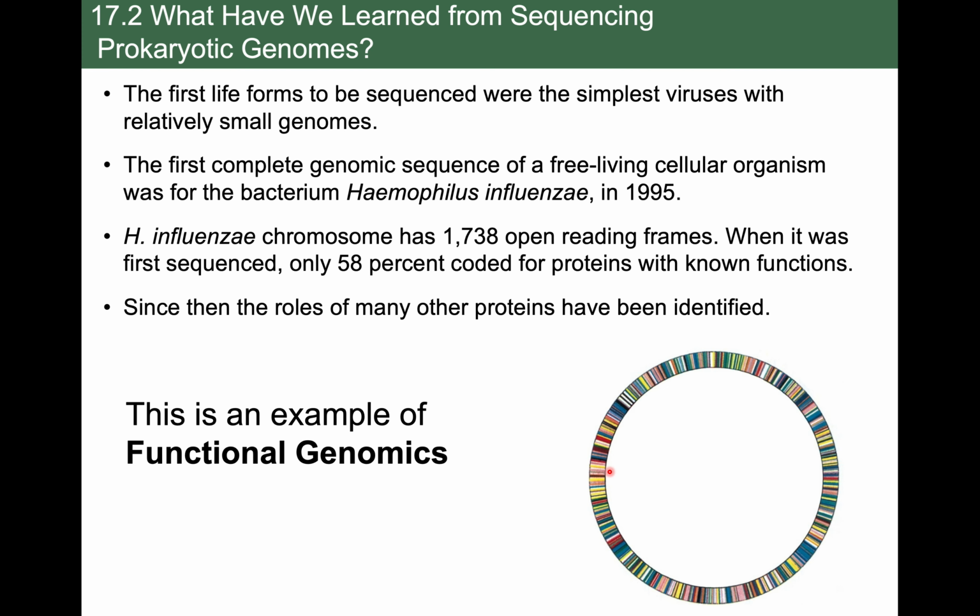So, 42% of this genome, we had no idea what the genes were, what the proteins coded for by those genes did. So, if we really want to understand this bacteria and try to prevent it from causing human disease, all of a sudden we had a lot more work to do, right? What are those other genes doing?